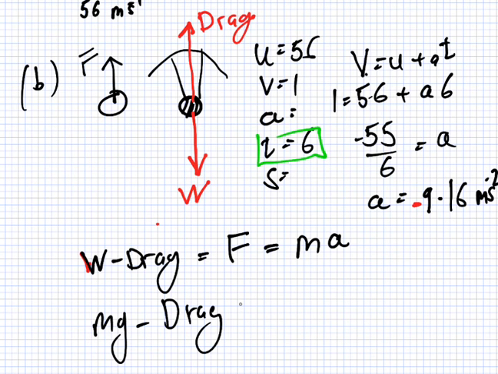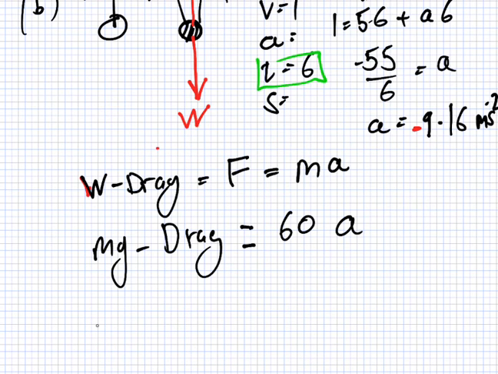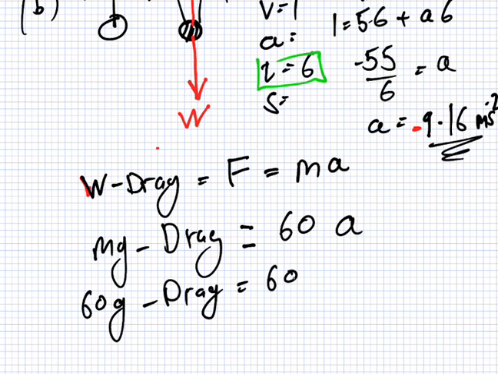The m, do we know the m? Oh, rats, I didn't give you his mass, did I? Okay, I'll have to give you a mass now. Let's say he is 60 kilograms. So let's see, I have 60 g minus the drag equals 60, oh, and actually I know the A, here it is, minus 9.16.